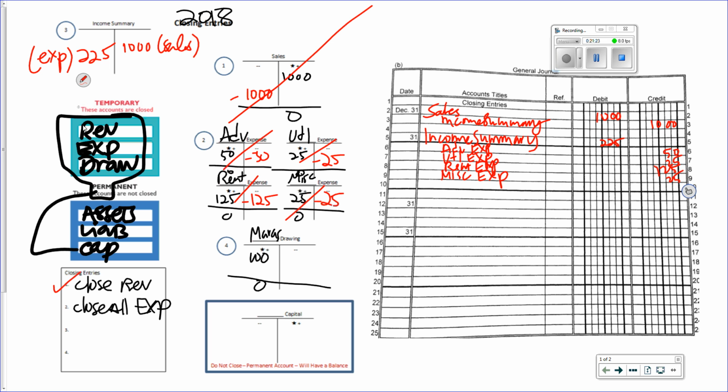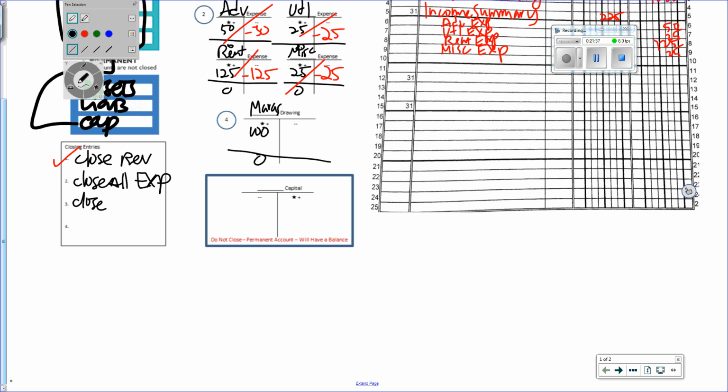Speaking of capital, our third step, according to your notes, what are we closing next? No, we're not. I see a number 4 by drawings. Look for your number 3. We're closing the income summary.